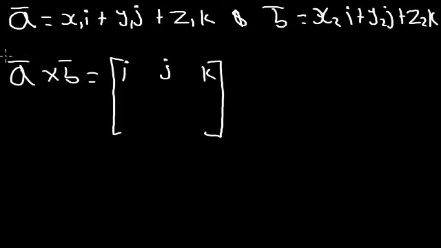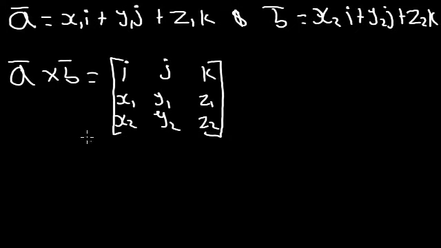Then for the second row, let the first vector be there, so all the components of the first vector fill up the second row. That's x sub 1, y sub 1, z sub 1. And for the last row, let the second vector in the cross product fill in. That's going to be x sub 2, y sub 2, and z sub 2.